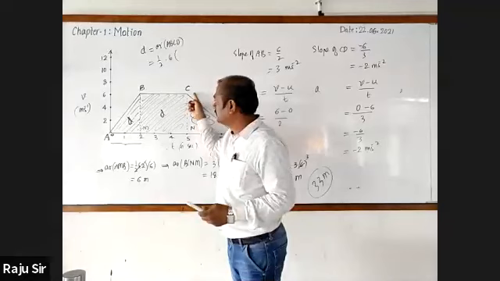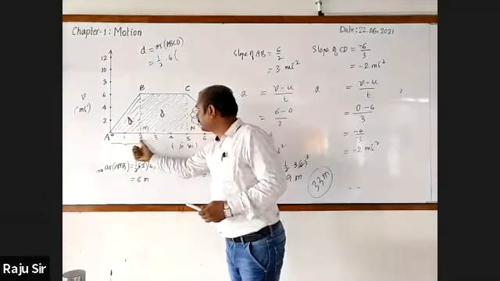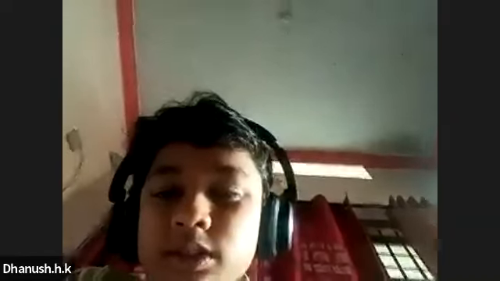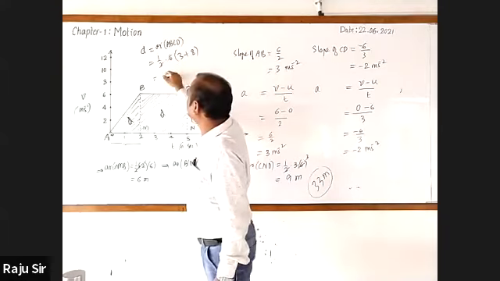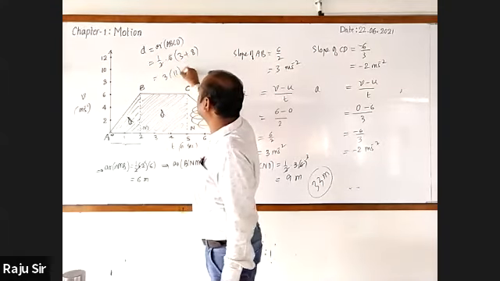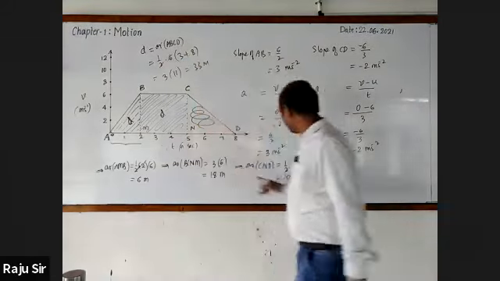One is BC, from B to C, 1, 2, 3 meters. Plus, another parallel side, A to D, 8 seconds. So 3 plus 8 is 11. Half into 6 into 11 is 33 meters.